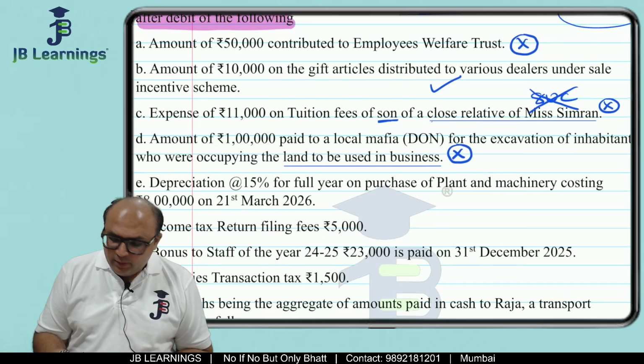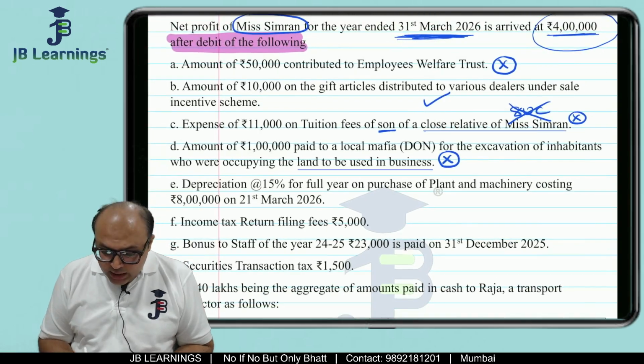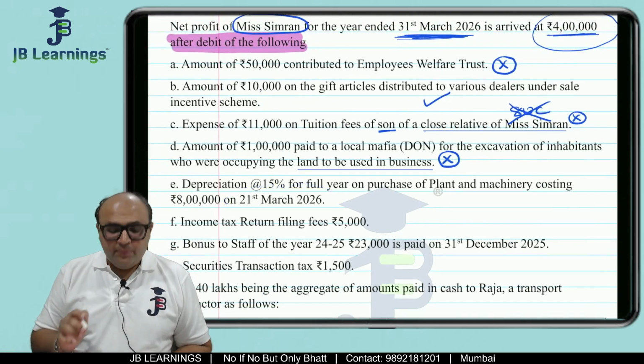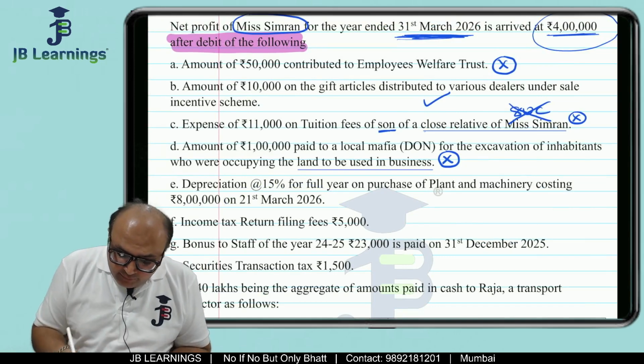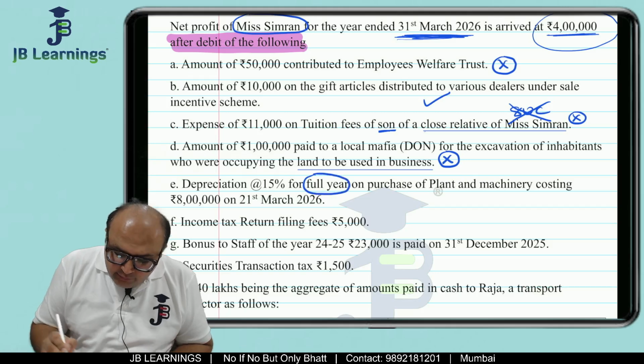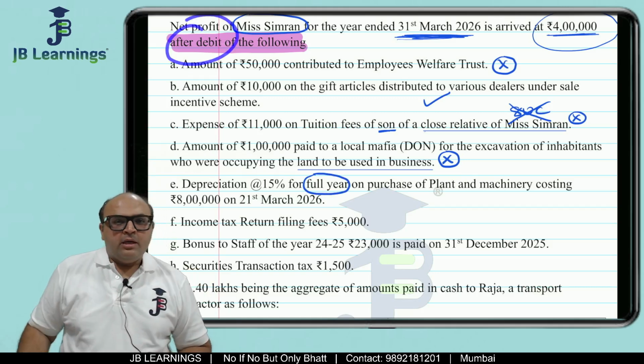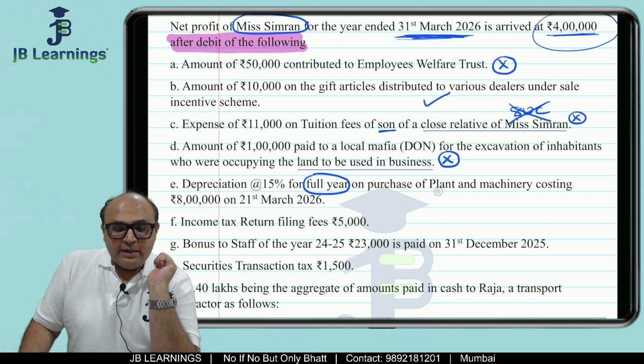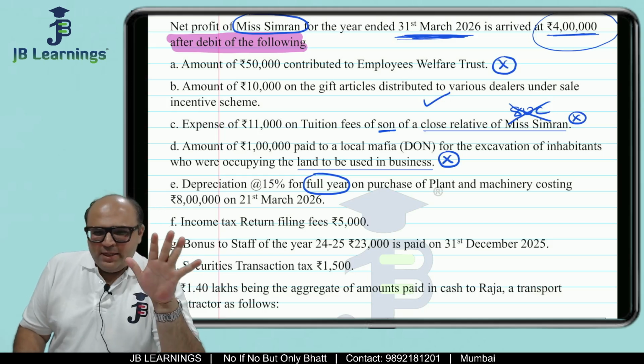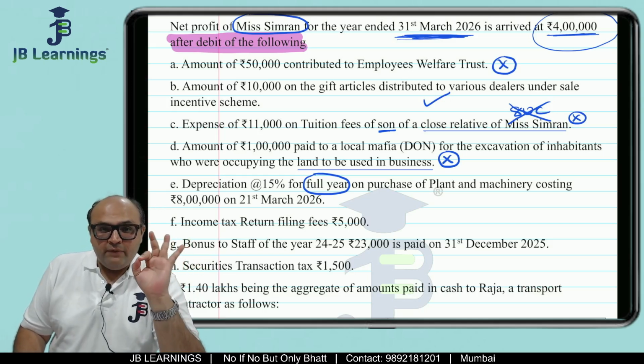But it is purchased on 21st of March 2026. Now, friends, what they have given is depreciation at the rate of 15% for full year is debited. Now see, this is a very unique way of asking question. The adjustment is very simple, but this is a very unique way.